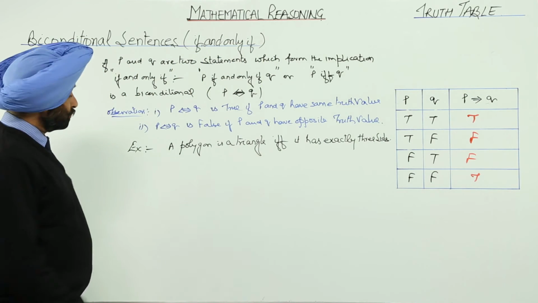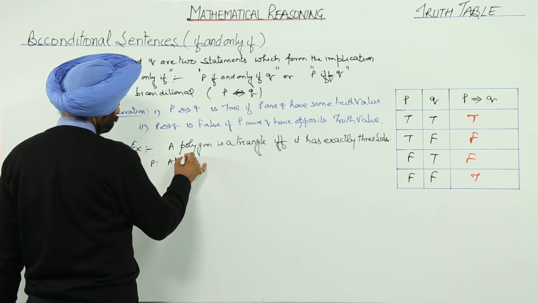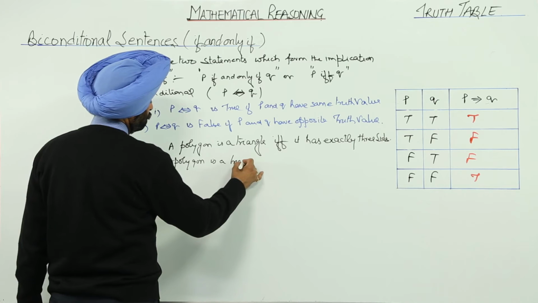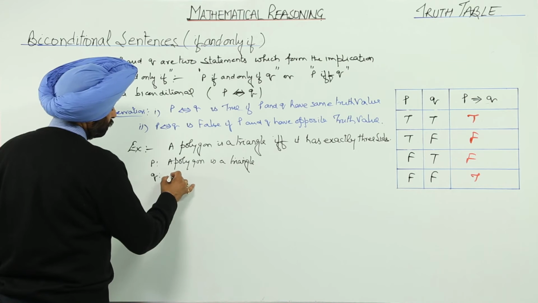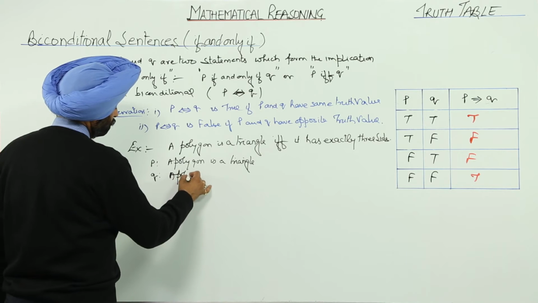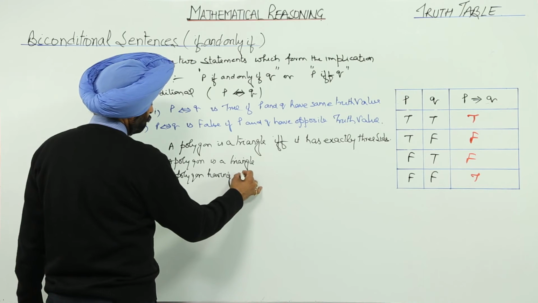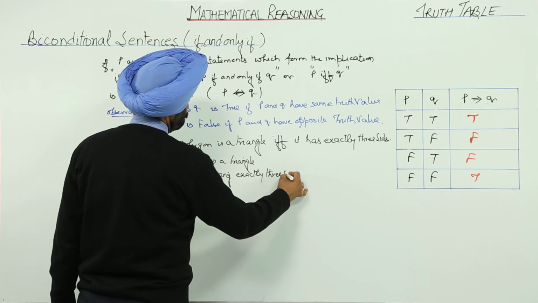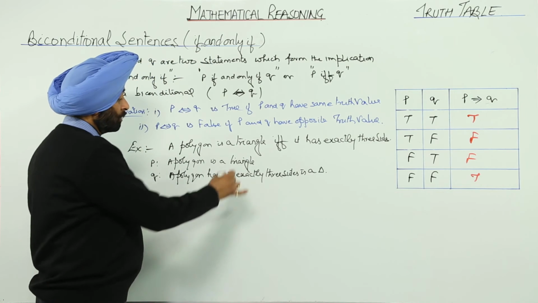Now, two sentences we have: first one P, a polygon is a triangle, and Q, a polygon has exactly 3 sides. Now we can check it again.